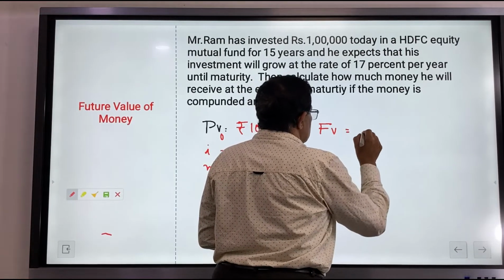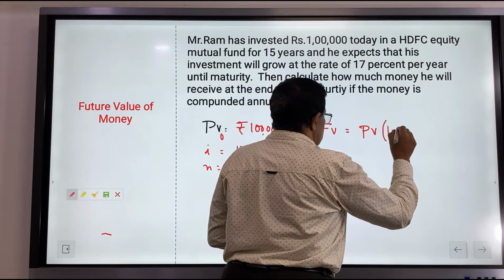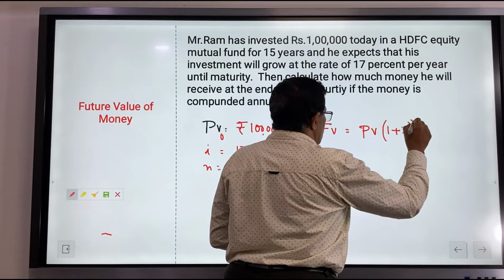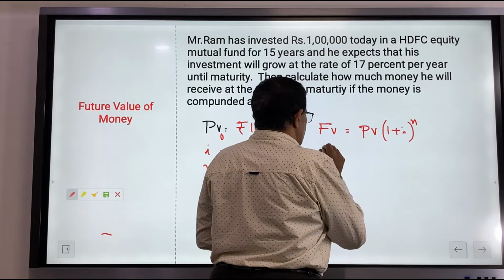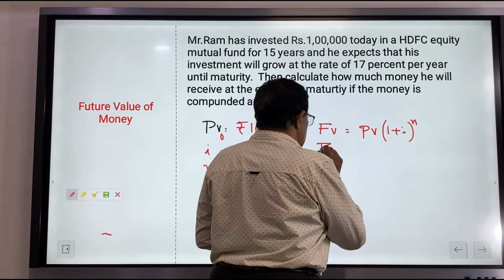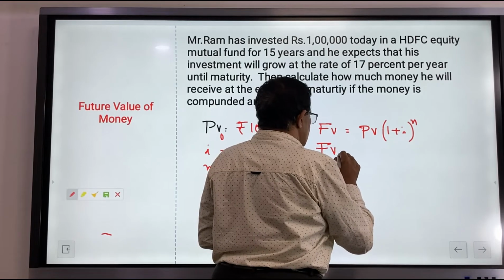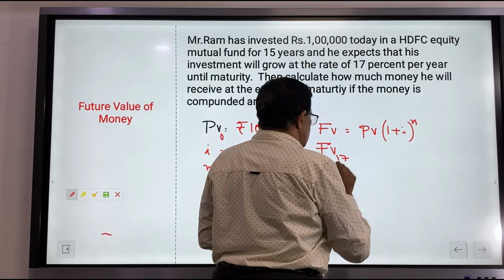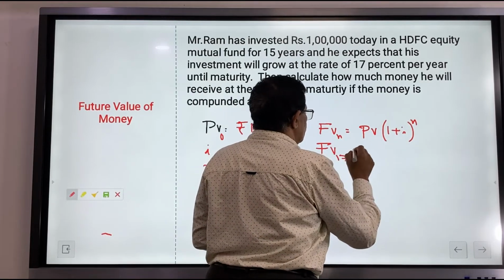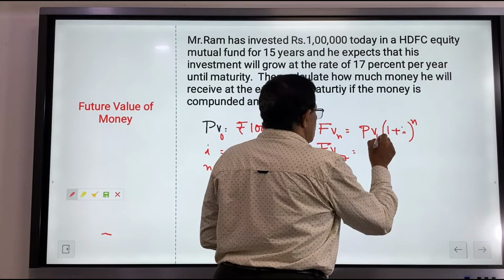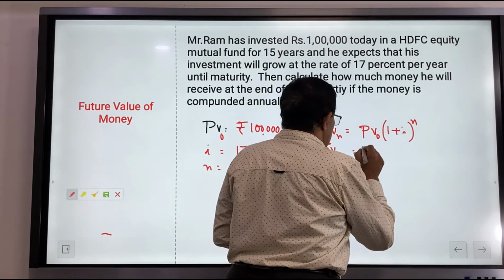The formula is present value into 1 plus I whole power of n. Here n is 15 years, so we substitute n here. This is P0. P0 is rupees 1 lakh.